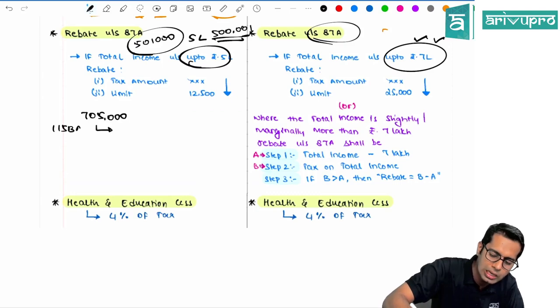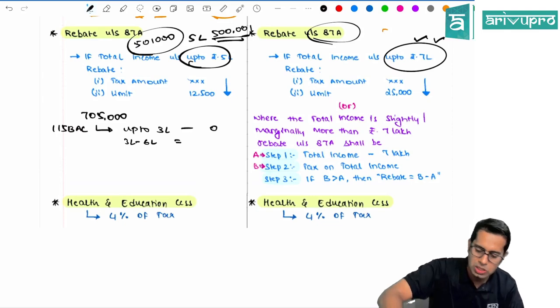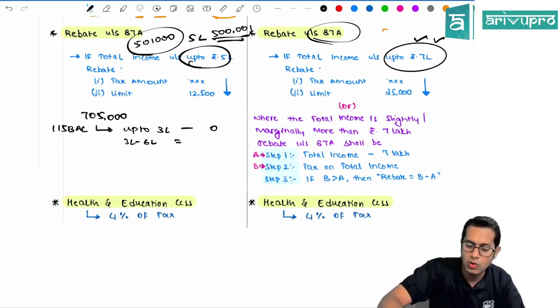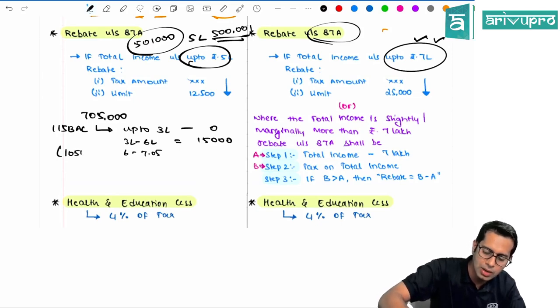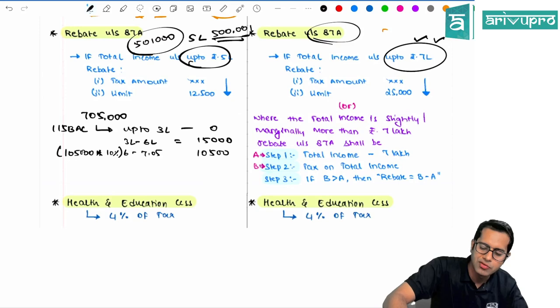If I want to calculate tax, up to 3 lakhs, I don't have to pay anything. From 3 lakhs to 6 lakhs, I will have to pay 15,000 rupees. And from 6 lakhs to 7 lakhs 5,000, which is nothing but 1 lakh 5,000, I'll have to pay 10%, which is 10,500 rupees.